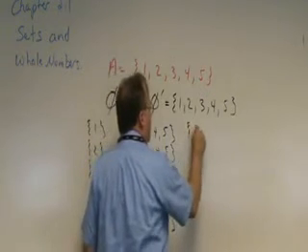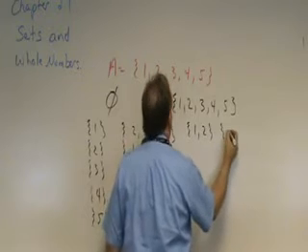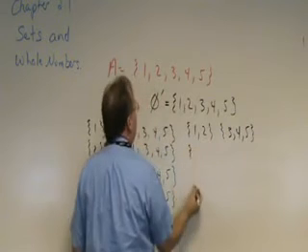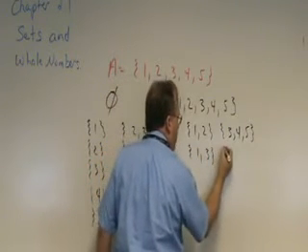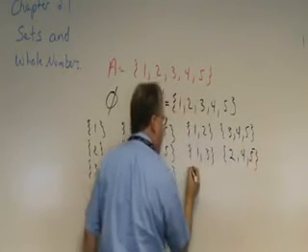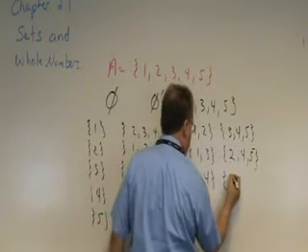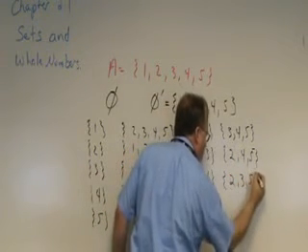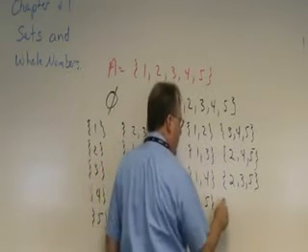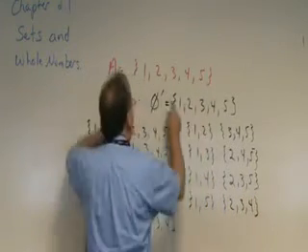Well, here's 1 and 2, and then I can write 3, 4, and 5, and then I can have 1 and 3, so I would have 2, 4, and 5, and then I would have 1 and 4, 2, 3, and 5, and then I would have 1 and 5, that's 2, 3, and 4.